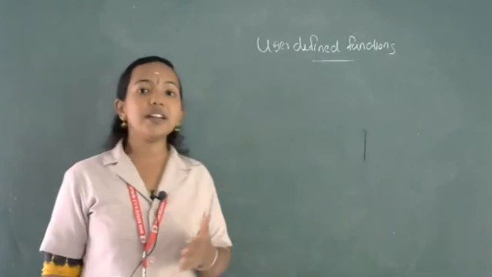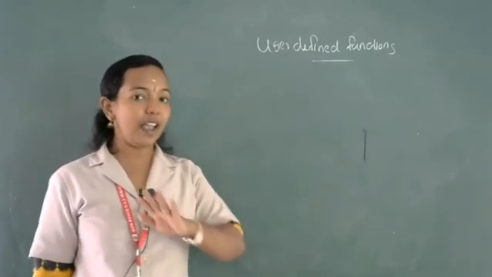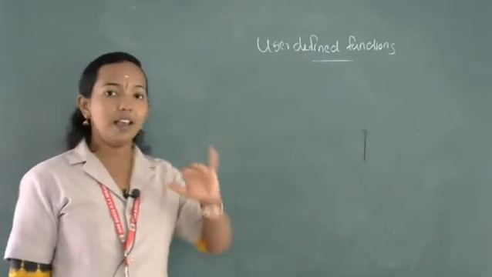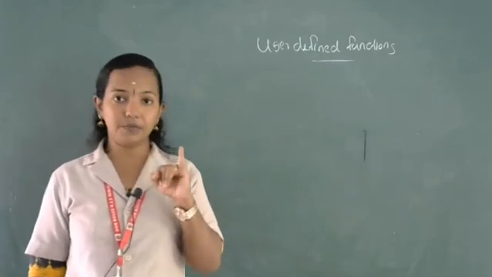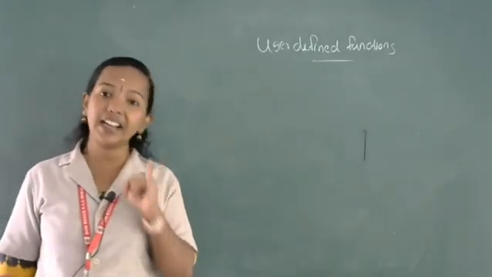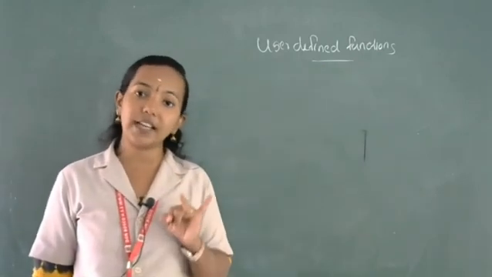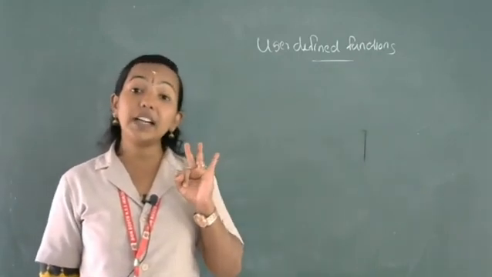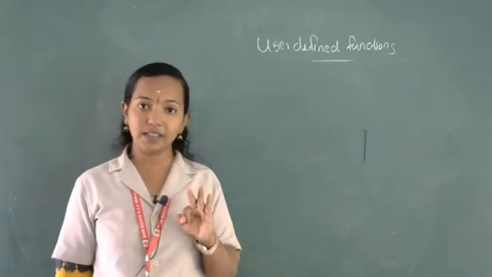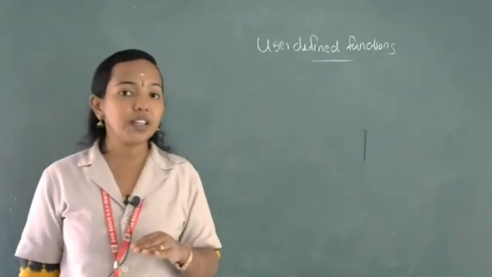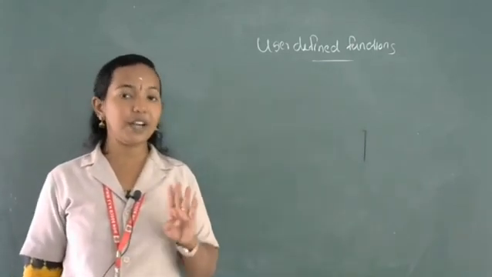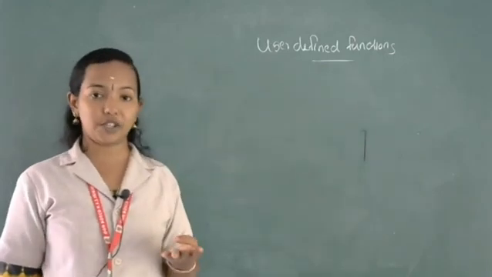Then user defined means, as I already mentioned, everything you want to represent. That means the function name. Function name should be a valid identifier. After that, how many variables we are using in that function. Then what will be the data type of those function variables. Then after executing the function we will get one result. What will be the data type of that function.